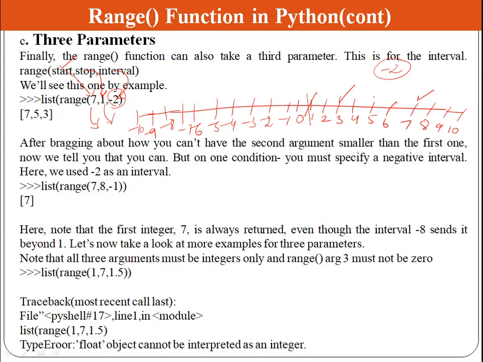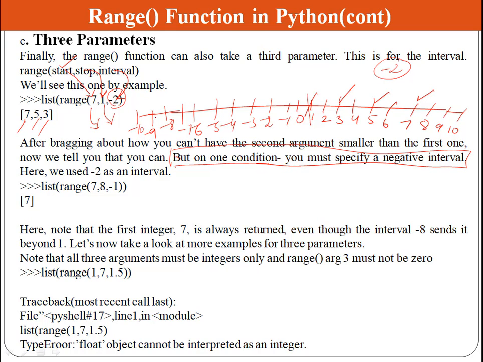So here, as we discussed before, you can't have the second argument smaller than the first one. Now, we can see over here, there is one condition. You must specify a negative interval. So in the last slide, we have seen that we cannot have the start value bigger than the stop value.